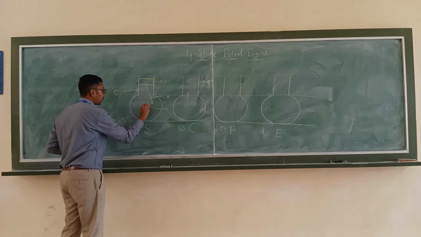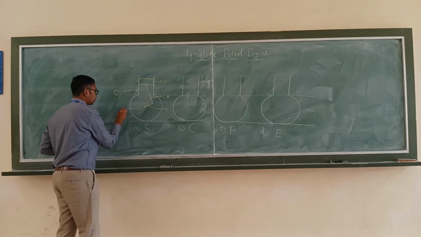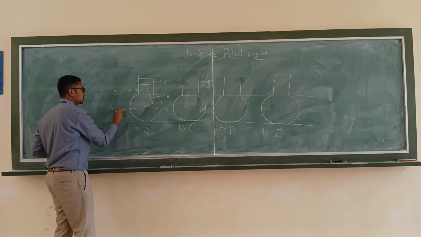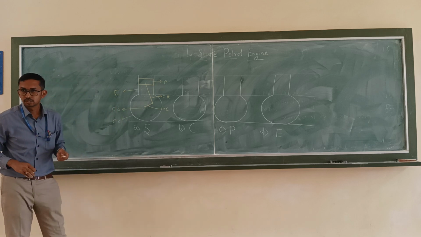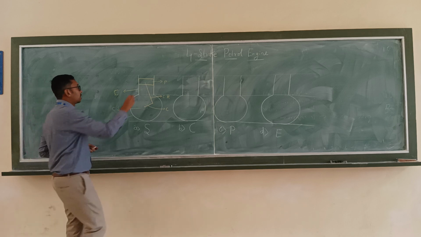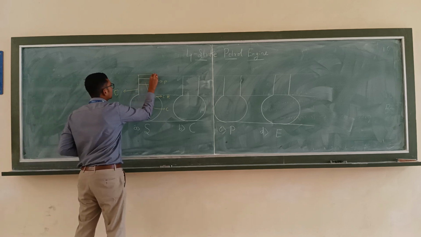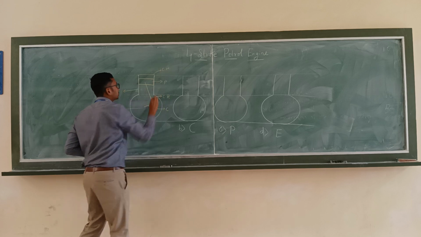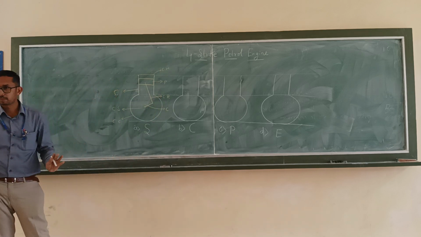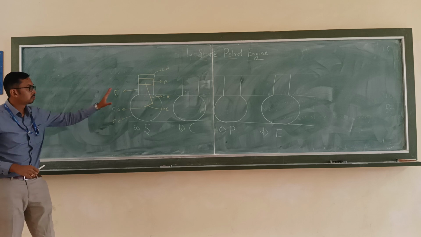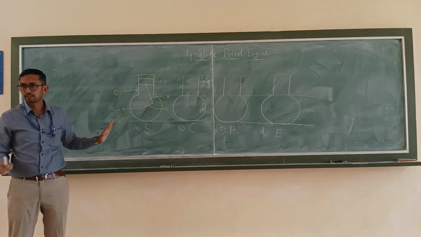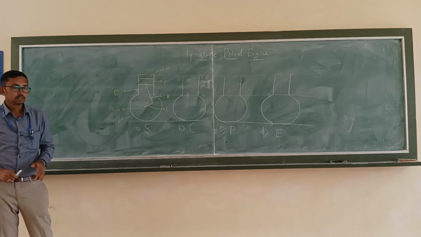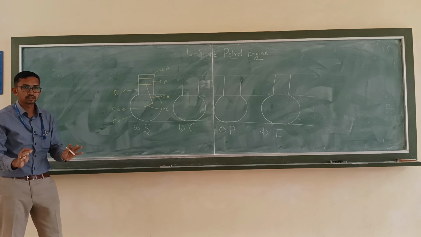At the center, we have the crankshaft. And the upper portion is called the cylinder. These are the various parts. You have to label them for the first stage. That much is okay. Now please pay attention, don't write.